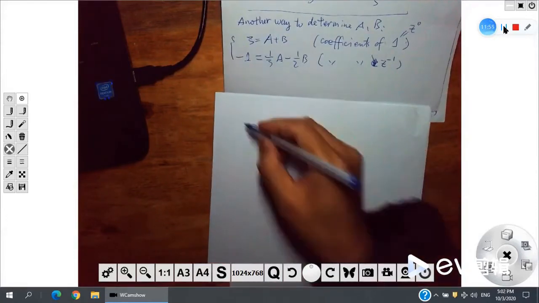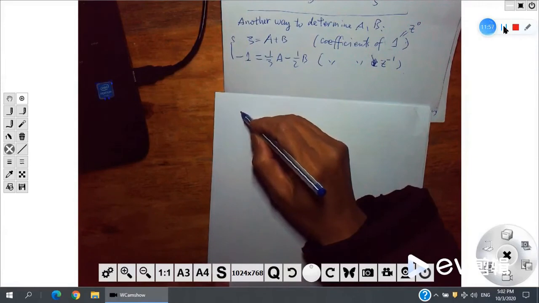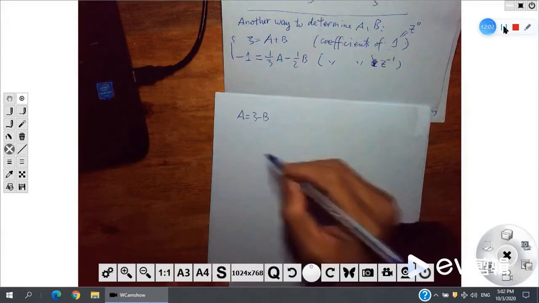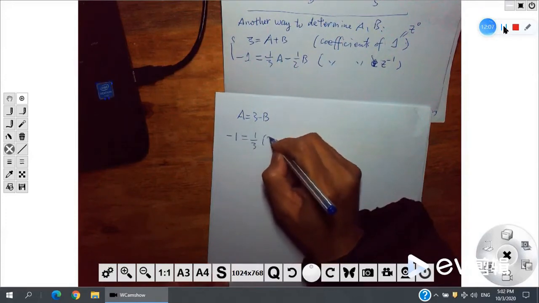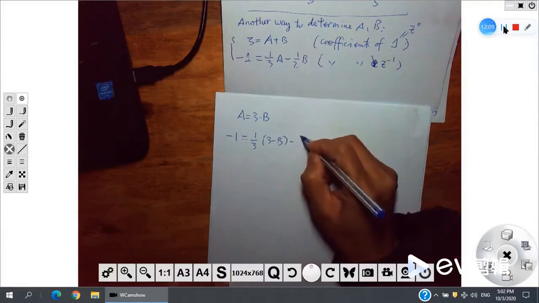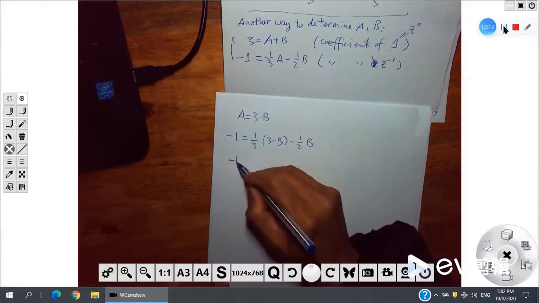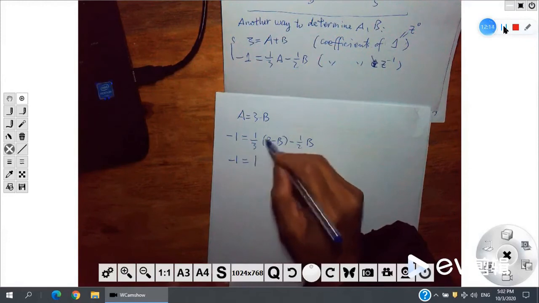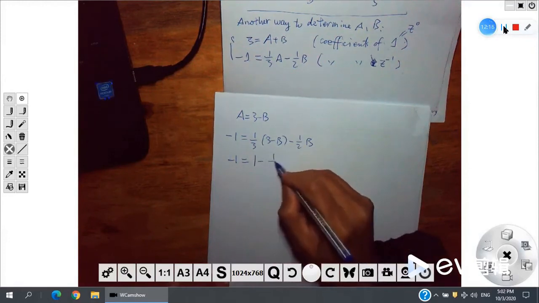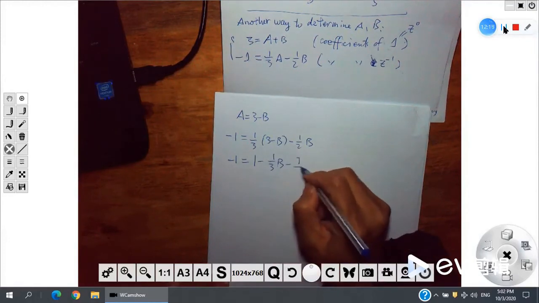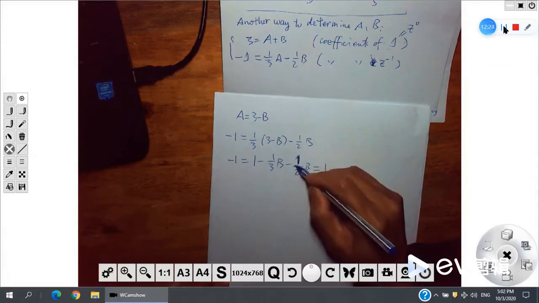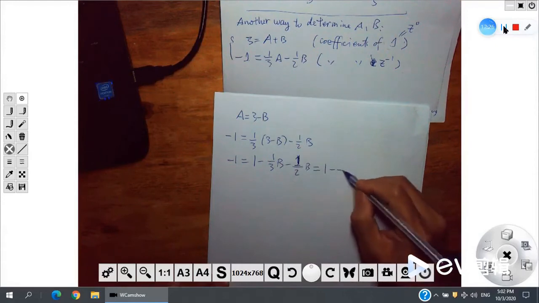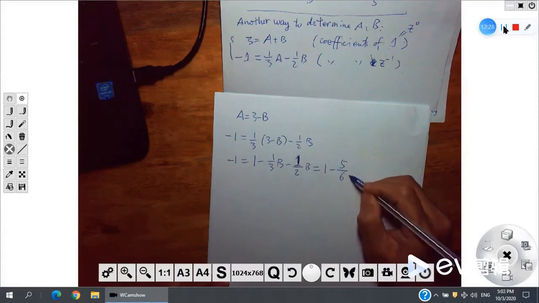Okay, so 3 equals a plus b, so a equals 3 minus b. Then I plug into the second: negative 1 equals 1/3 a, now it's 3 minus b, minus half b. So it's negative 1 equals 1/3 times 3, which is 1, minus 1/3 b minus 1/2 b, this is 1 minus 5 over 6 b.